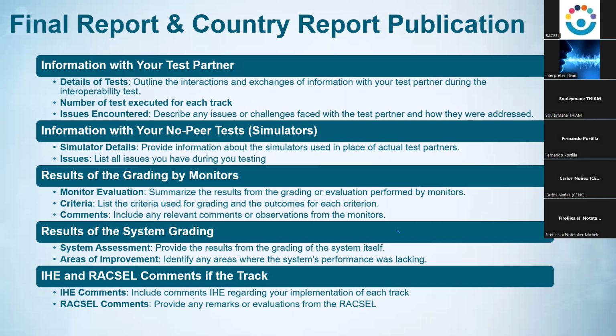Otherwise, if TC1 failed, we can say the implementation of the PDQM profile, this actor, failed in your system because you were not able to send the ITI 78 from your system to the MPI. These are the comments we can provide in your report.